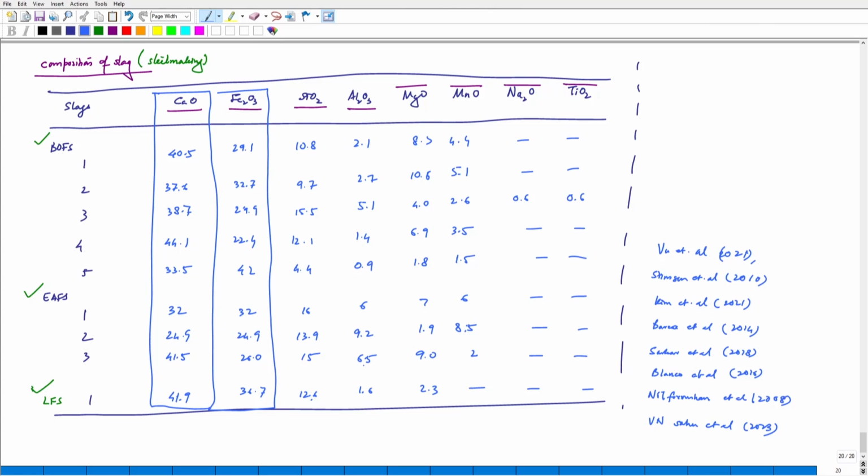Similarly, SiO2 can range from 5 to 20%, and then the phases of alumina, MgO, MnO are present in relatively lesser quantities. Now, this explains that the most important phases that one should be thinking of while devising a recycling process are basically CaO and Fe2O3.